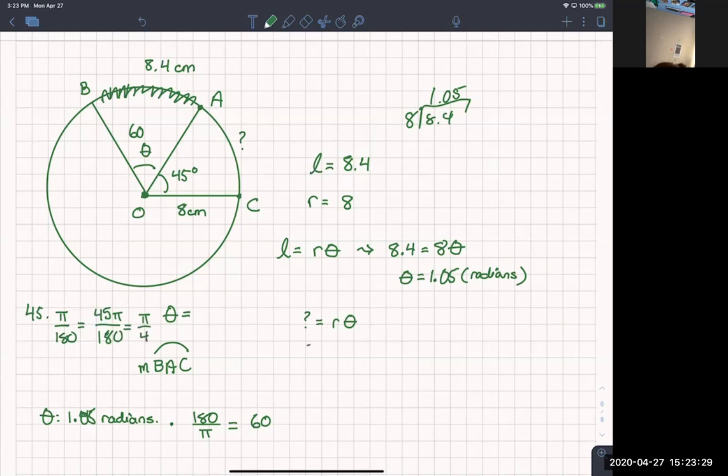So the radius, 8, times pi over 4 is 2 pi, which is approximately 6.28, so 6.3. So if we know this is 8.4, and we know AC is 6.3, then BAC would be 14.7.